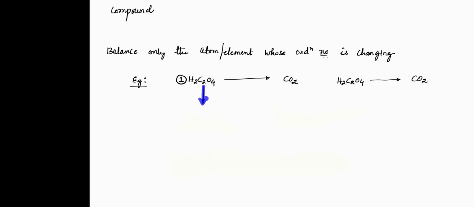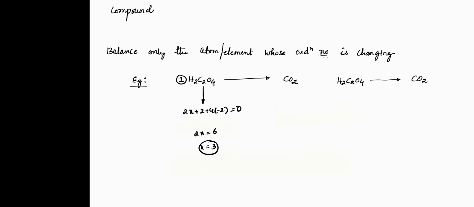I can't do it for 1 carbon, so I have to directly write it for 2 carbons. So 2x plus 2 plus 4 into minus 2 is overall equal to 0. So 2x is equal to 6, and x is equal to 3.